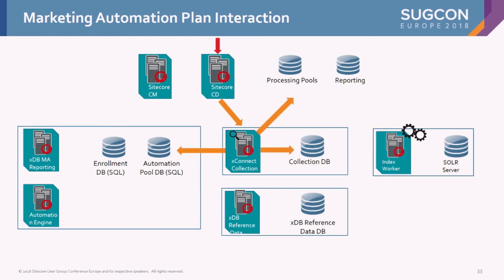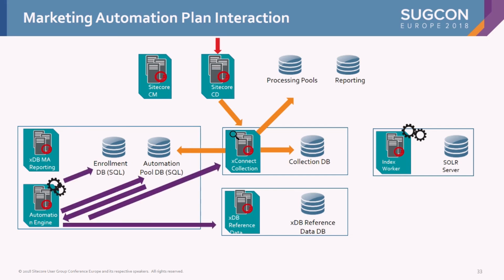And it's going to trigger an automation plugin on the marketing automation to create a work item inside the automation pool database. The automation engine is continuously listening and looking for work. It's going to continuously check the automation pool database for any created work items and then execute them based on priority.